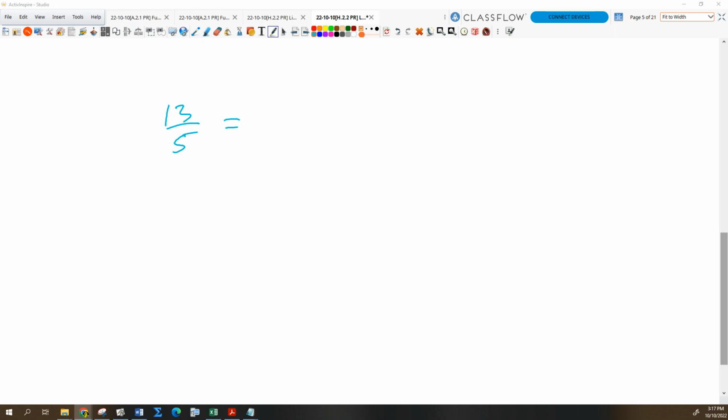Everybody agree? 2 3/5. 5 goes into 13 two times with 3 remaining over the 5. Okay, right? So what is 29 sevenths? 7 goes into 29 four times, and what remains over the 7? How many remain? 1.